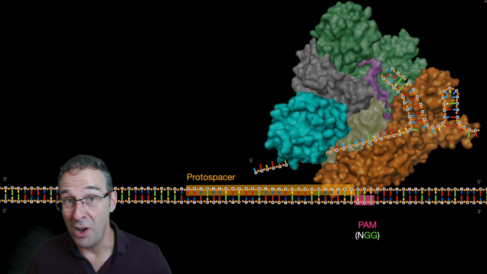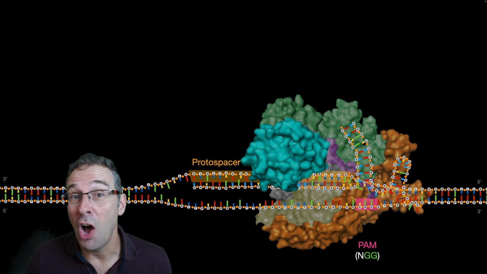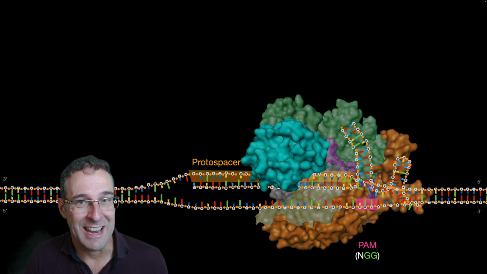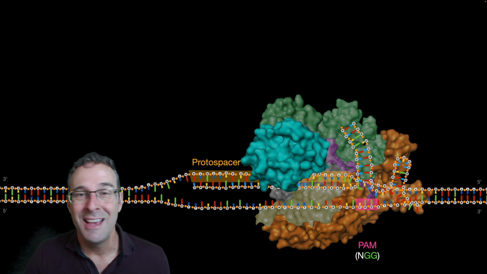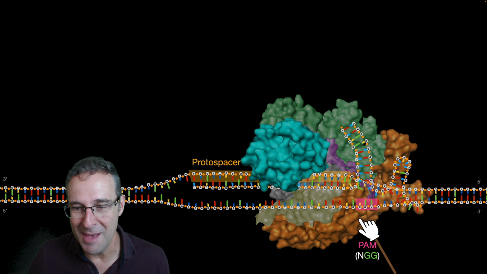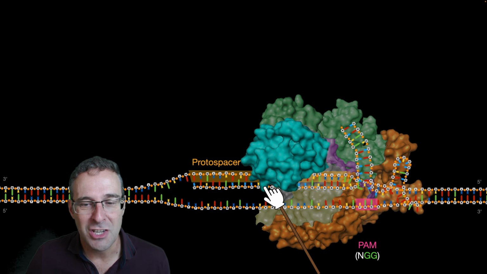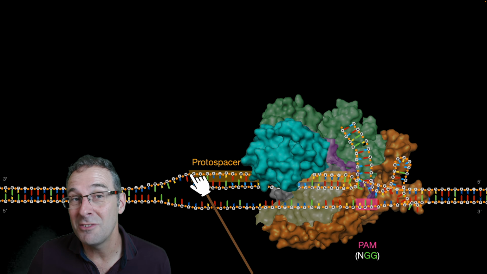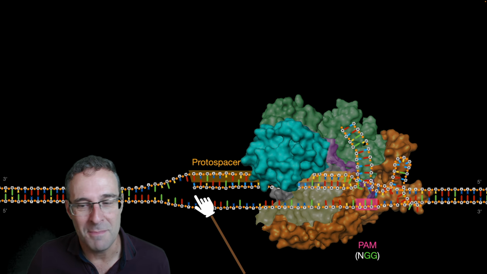When Cas9 finds some viral DNA, or any DNA for that matter, and it identifies a PAM region, what it will do is it will open the DNA and then see whether the guide RNA that it has is complementary to the sequence of bases upstream of the PAM, but on the opposite strand. Okay, so here's our PAM right here on this strand. It opens the DNA and tries to match its guide RNA to the sequence of nucleotide bases on the other strand, but upstream of the PAM.